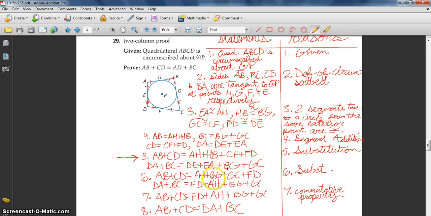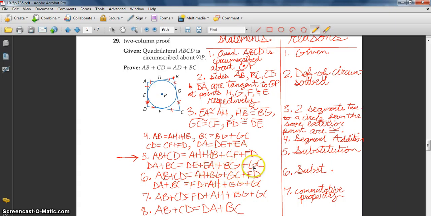So I'm substituting again. I'm taking HB and putting BG in its place. I'm taking CF. CF is congruent to GC, so I'm putting GC in its place. And this statement becomes this.